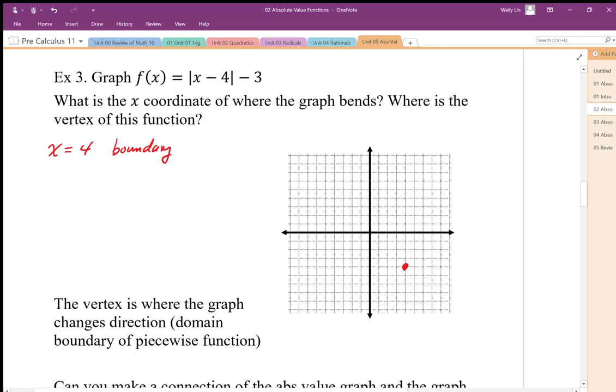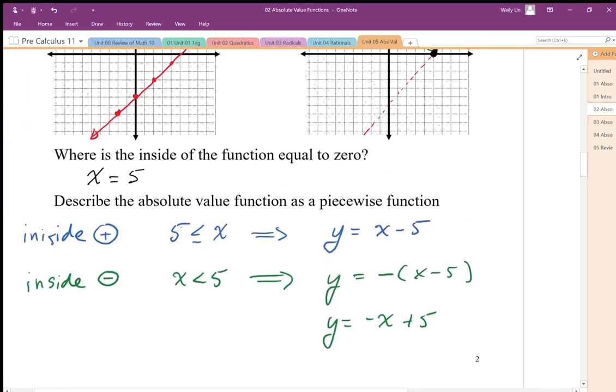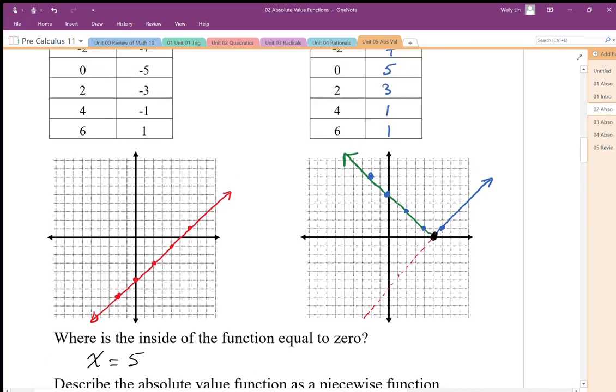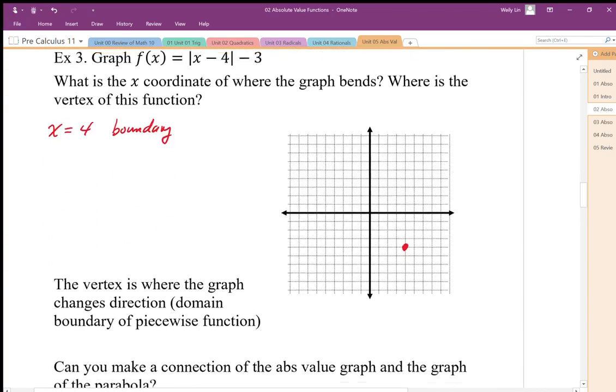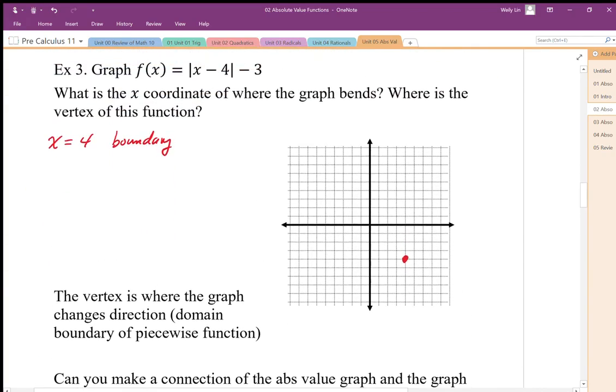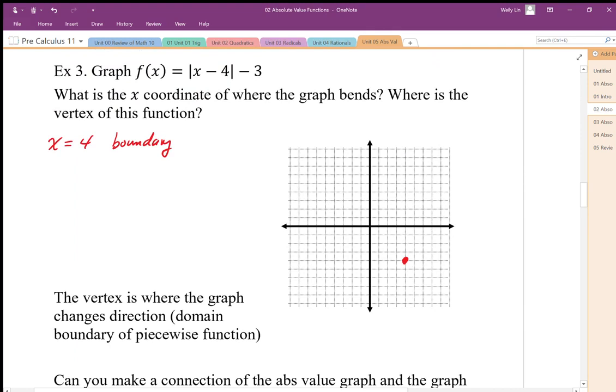In fact, we know that by looking at the previous graphs, the bend point is essentially the vertex. It's also the symmetry point of an absolute value function. This happens to be the vertex as well. Okay, and I can plot my table of values just to make sure.